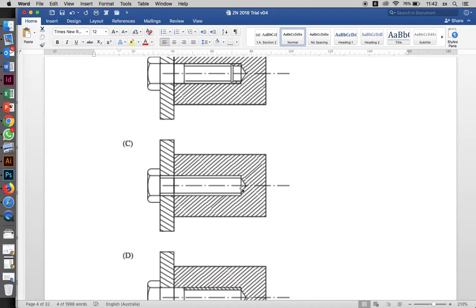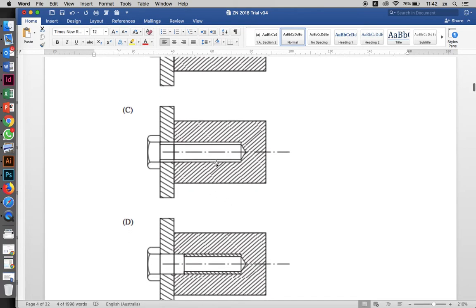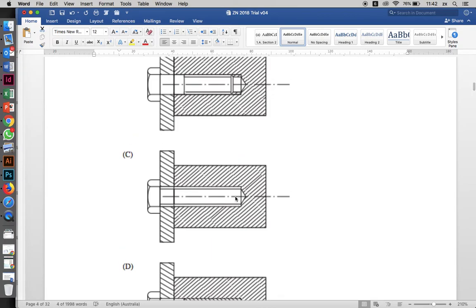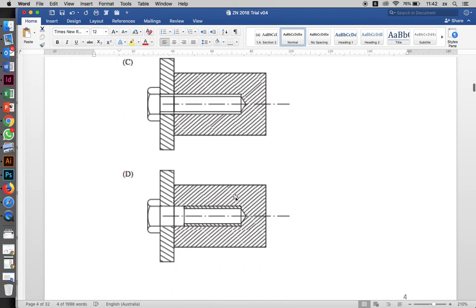The thread has gone all the way down to the bottom of the hole. That's what that's showing. One big threaded bolt all the way down. This section here shows a tiny section. This shows no thread at all. It shows a shaft that's gone straight and then touching solid against the thread. So we've got teeth, and then we've got this bolt head just sitting on top of the teeth.